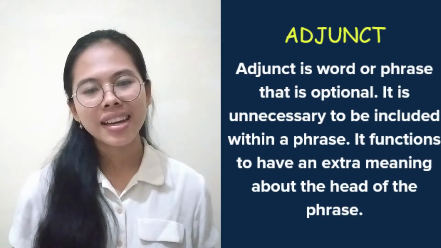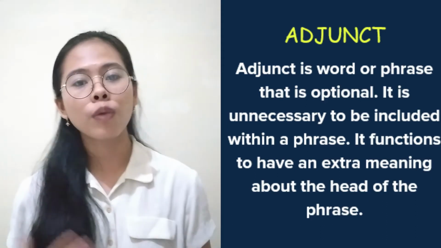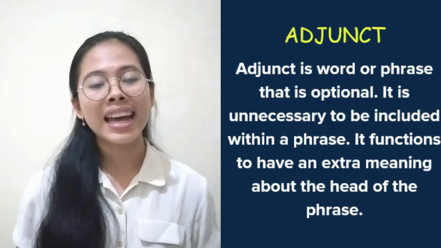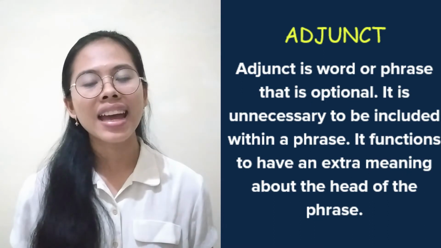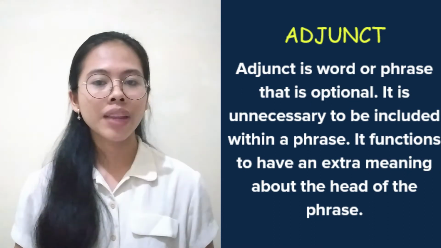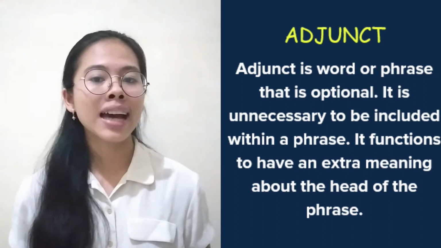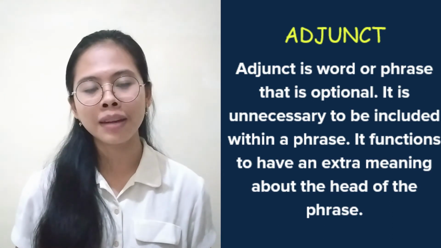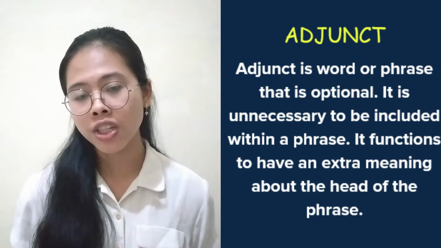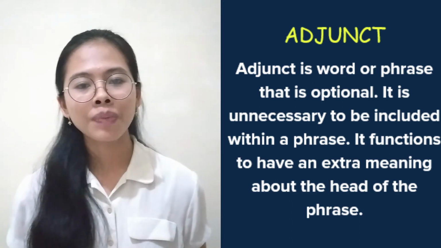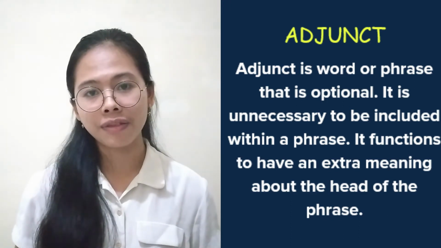Well, now let's move to the second element. It's the adjunct. So what is an adjunct? Basically, an adjunct is a kind of word or phrase that is optional. It means that it is not necessary to be involved within a phrase. But when we add an adjunct to our phrase, we add more information or give an extra meaning to the phrase itself.